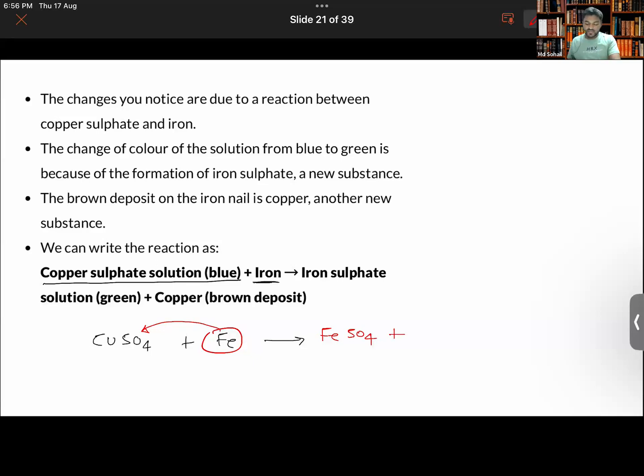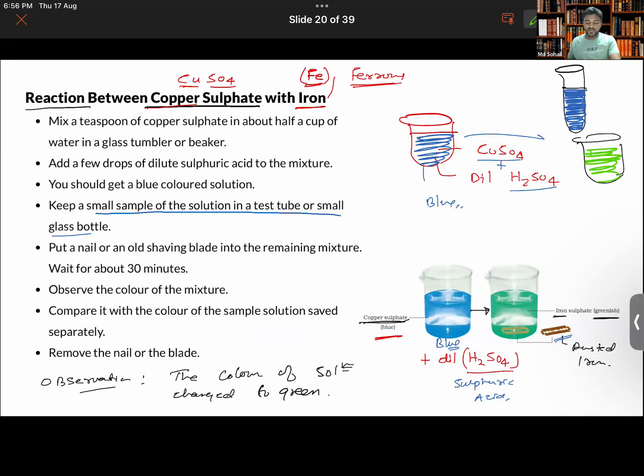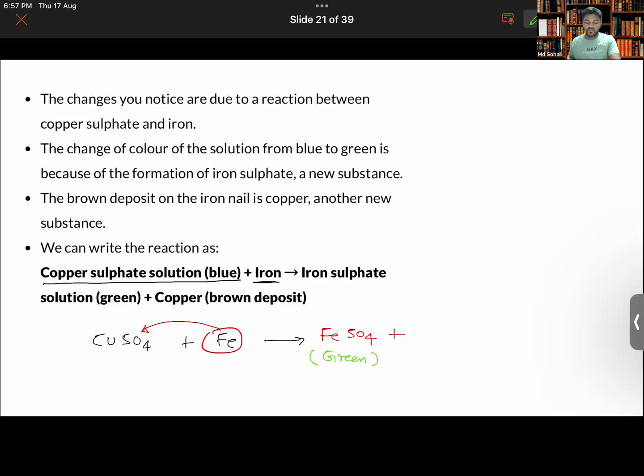And this ferrous sulfate is actually green in color. That is the reason why the color of the solution has now changed to greenish, because of the formation of iron sulfate, right? And there will be a brown deposit at the bottom of the beaker. That brown deposit will basically be copper. Where will this copper go?